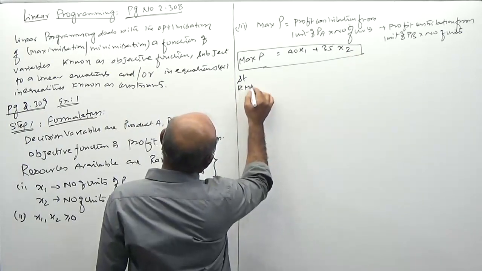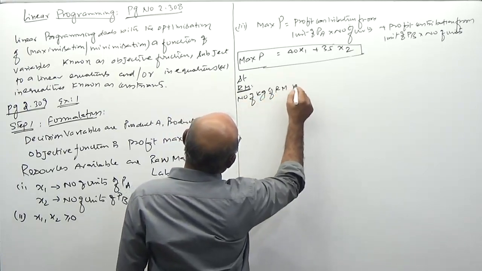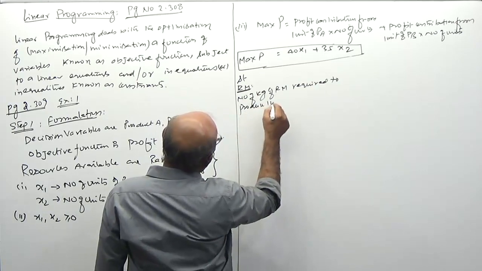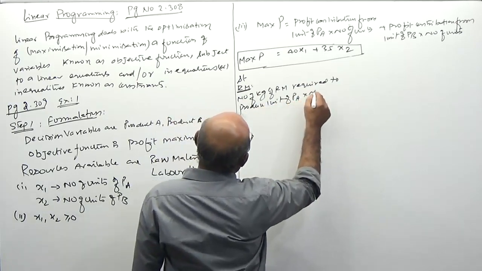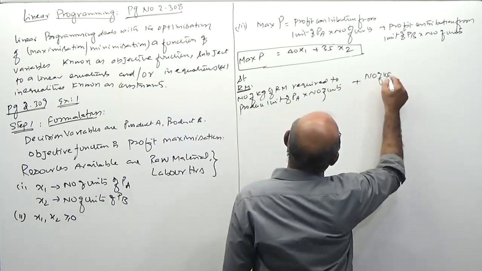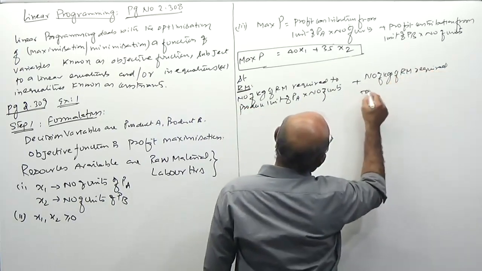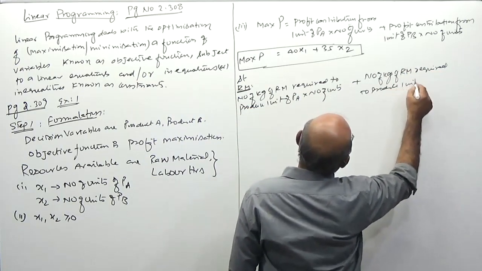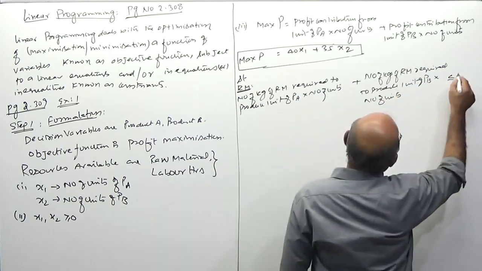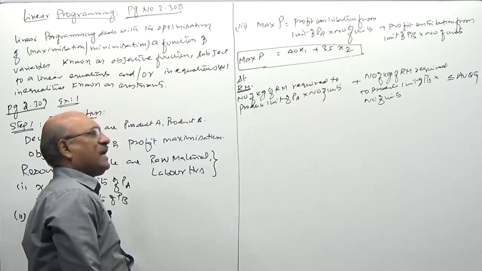So raw material: number of kilograms of raw material required to produce 1 unit of product A into number of units plus number of kilograms of raw material required to produce 1 unit of product B into number of units must be less than or equal to available quantity.